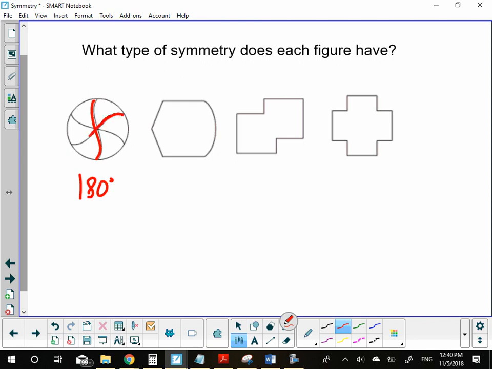These are all the same segments that it's been split into, they're all identical. How many of them are there? 6. So I can spin it around. What kind of symmetries am I going to have? 60 and 120. So those are all rotational symmetries.